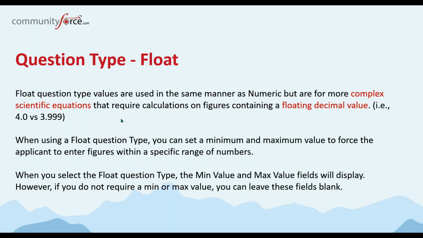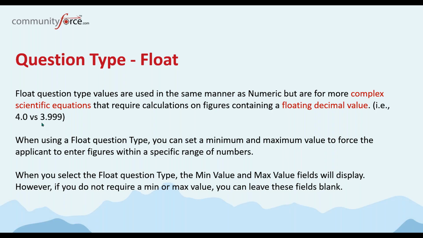A float question type is used in the same manner as a numeric, but it's for a more complex scientific equation. Especially think of a float if you have a floating decimal. With a GPA, for example, they may enter 4.0, or you might have a number like 40.3. So you can see the decimal can fall in different locations.